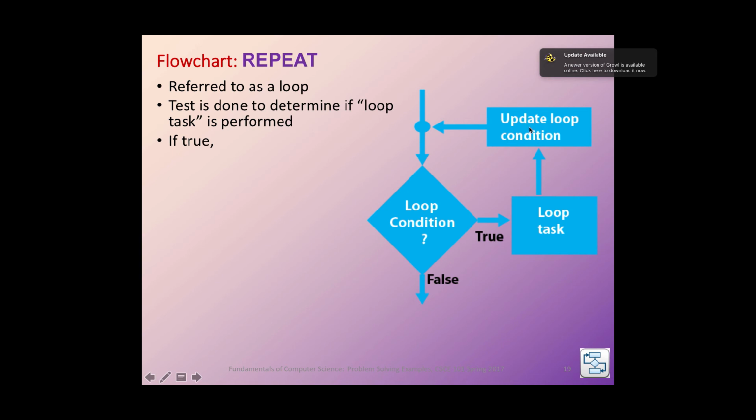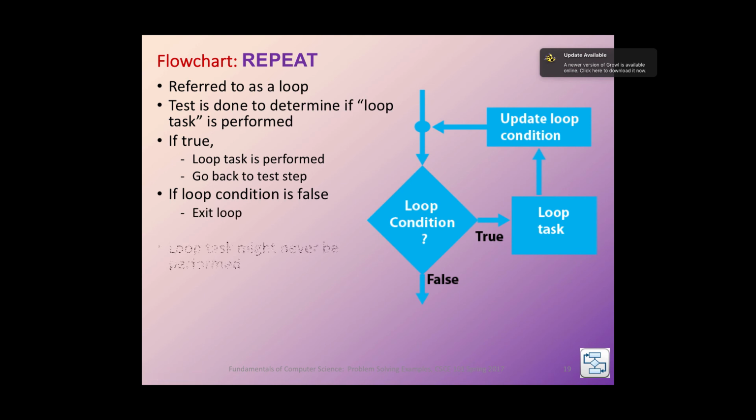If this step isn't in there, then you're never going to change the condition of the looping test, and you'll get yourself locked into an infinite loop. Okay? So if the condition is true, you perform the loop task, you update the condition, and then you come back and test the loop condition again. If the loop condition is false, you simply exit the loop and continue on with the program.